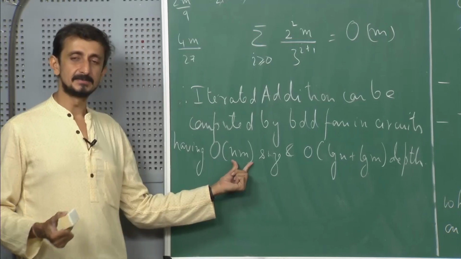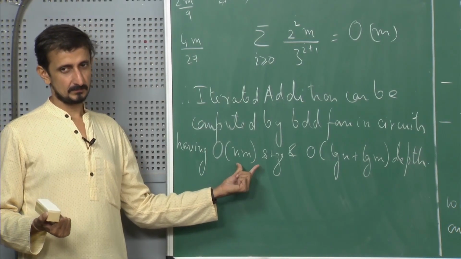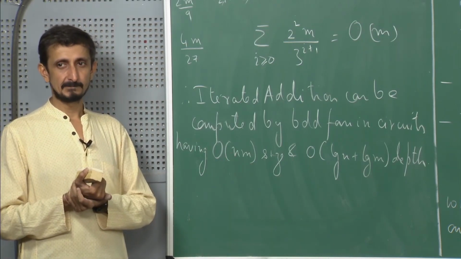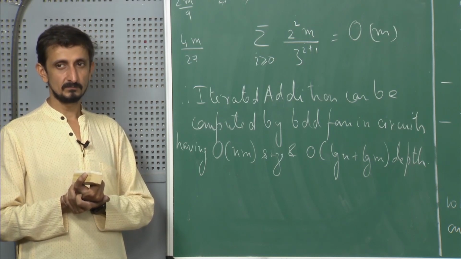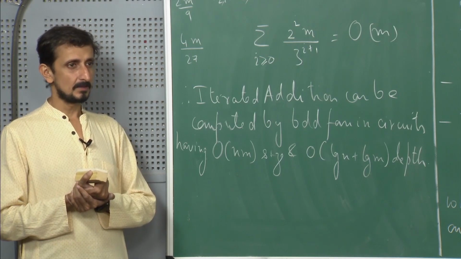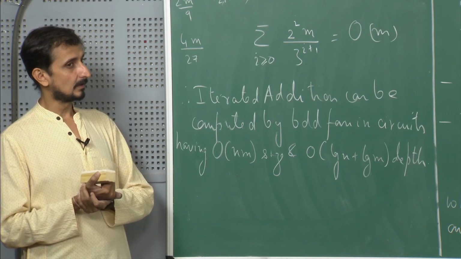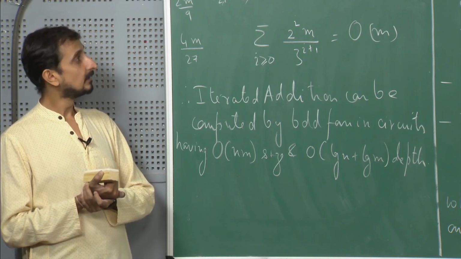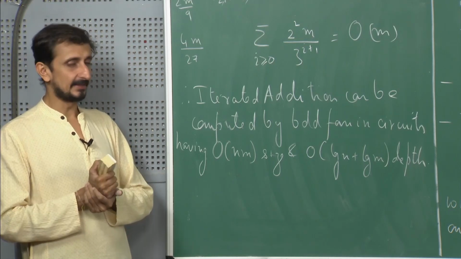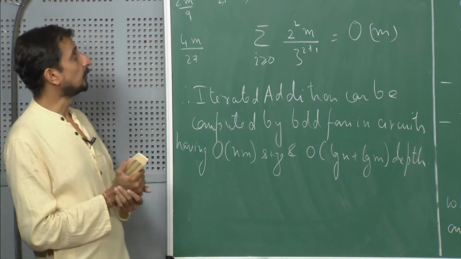What is this size as a function of the input size? How much is the circuit size as a function of the input size? Is it linear? Is it quadratic? So, look at the input.